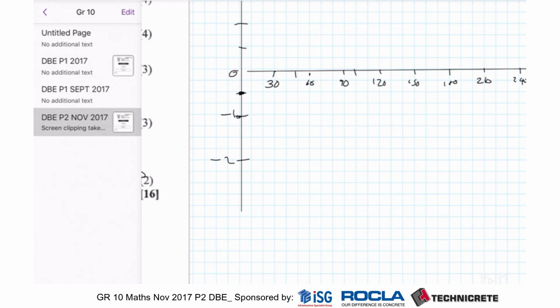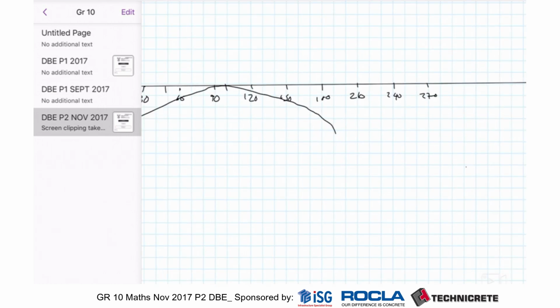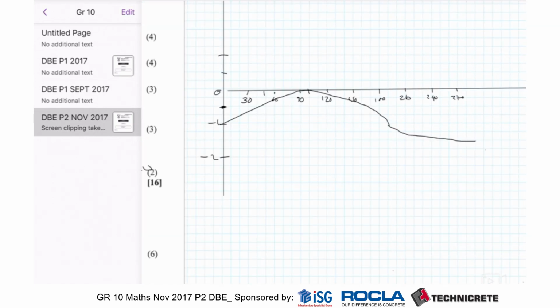So it goes up to 90. Goes down to 180. Then we need to go to 270. Okay. It's not as accurate as I'd hoped it would be. Let's try again. 90.